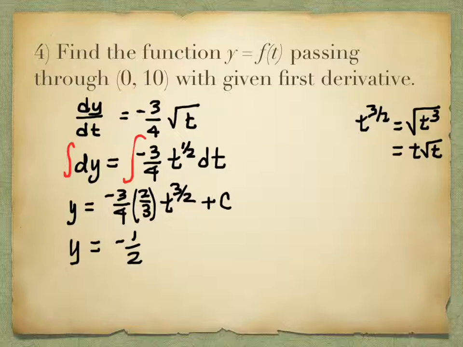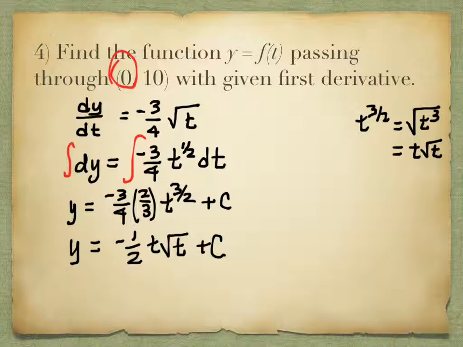Now, on this particular problem, it doesn't end up mattering much because the t value that we're given up here is actually what? It's 0, so any of these are equally nice to plug 0 into, right? Since the problem started as square roots, though, we probably want to have the answer in terms of square roots. So I'm going to go with the t square root of t. If you want to leave it as the square root of t cubed, that's okay. It's not really simplified, but it certainly doesn't hurt at this stage to have it like that. And then I have plus c.